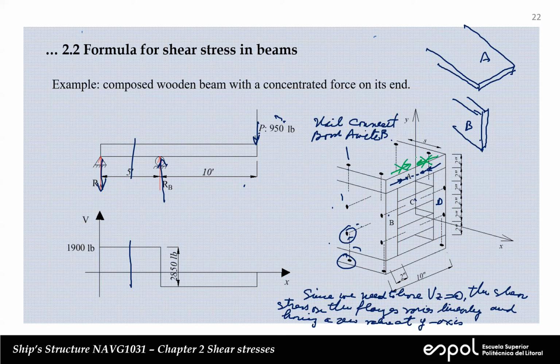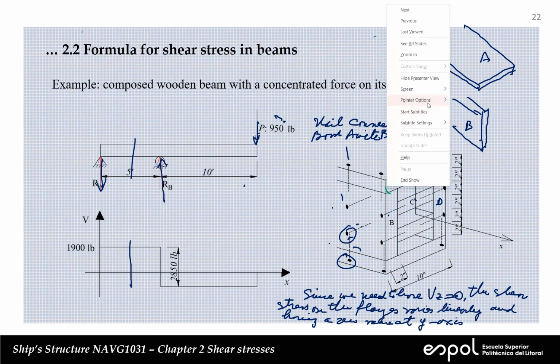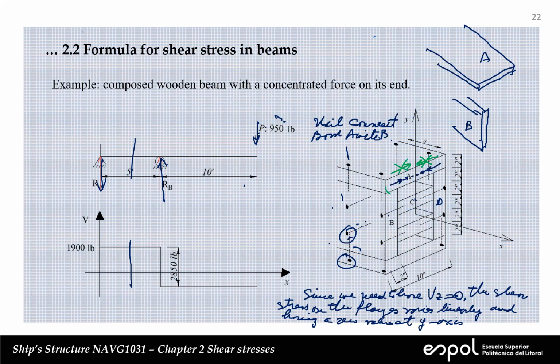That's what we need. Now, on the vertical boards, we're going to have shear stress like this, and you see that it's going up, up, up, and it just bends to the right, and it's pointing in the same direction.